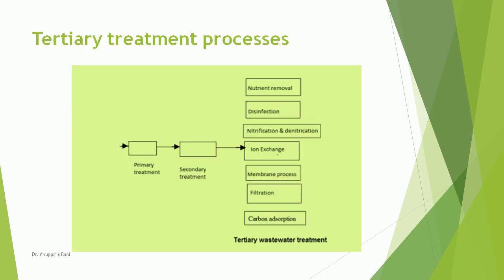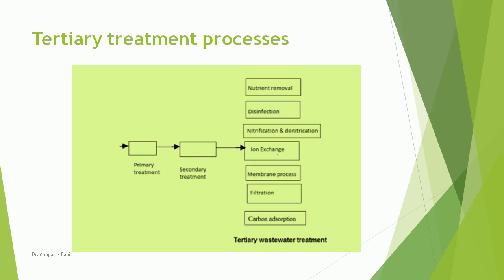Now, look at this diagram that shows one or more of the unit operations or processes that are used for achieving tertiary treatment. So, after primary and secondary treatment, the picture shows different kinds of tertiary treatments such as nutrient removal, disinfection, nitrification and denitrification, phosphorus removal, membrane process, filtration and carbon adsorption.